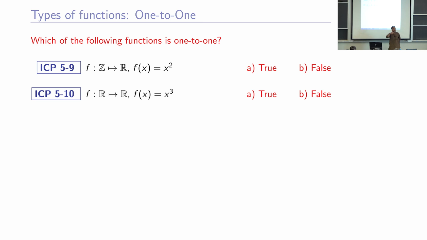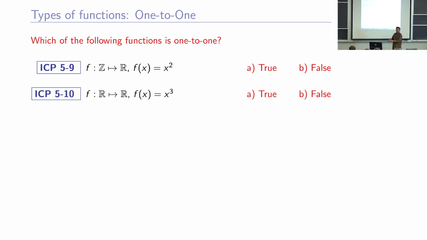We saw an example earlier for 2x minus 3. We proved that it is 1 to 1. In the way we proved it, we just applied the definition, right? So here also we'll apply the definition. Let's say f of x1 is equal to f of x2, where x1 and x2 are some numbers. What is f of x1? x1 cubed.